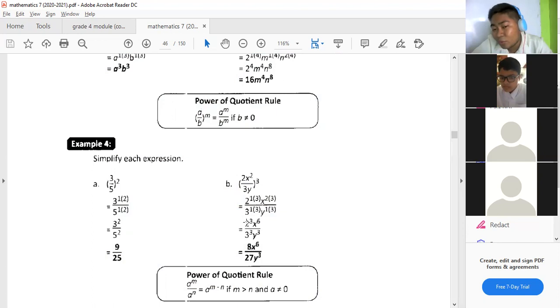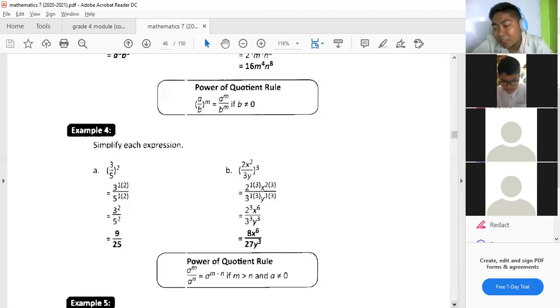So, 2 times 2 times 2, that would be 8. 3 times 3 times 3, that would be 27. So, 8x raised to 6, 27y cube. Nakuha? So, basta ang exponent natin, it's either nag-multiply, okay? Or nag-add.